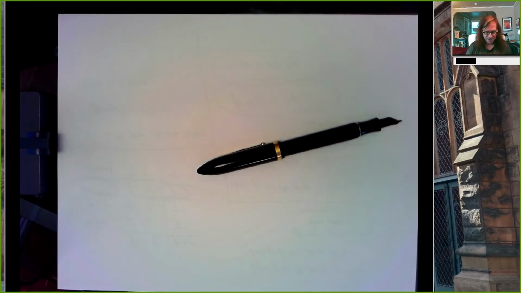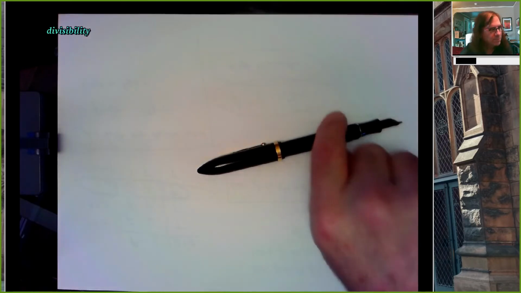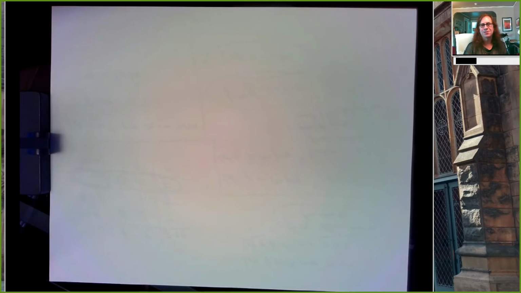So let's start with divisibility. We're going to stick with integers, so I'm not going to keep saying an integer or something from the set of integers, assume this is an integer.